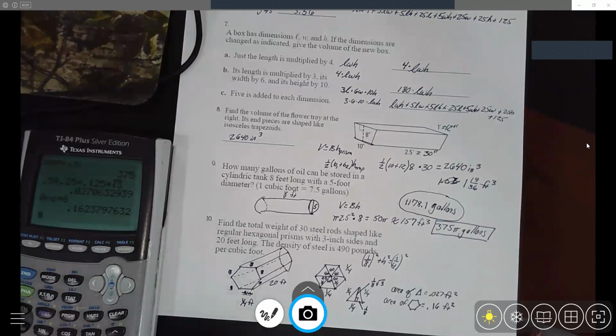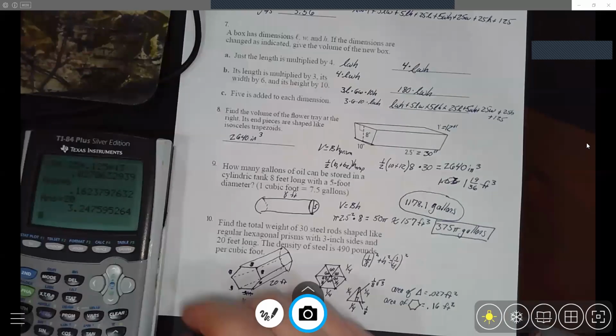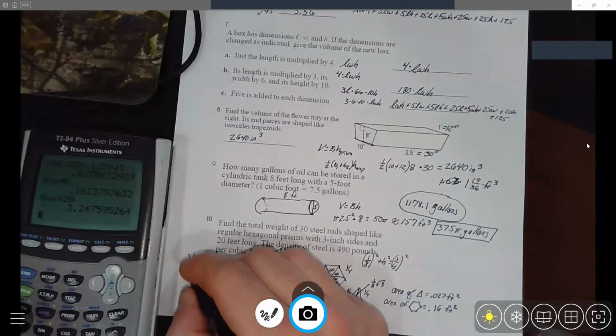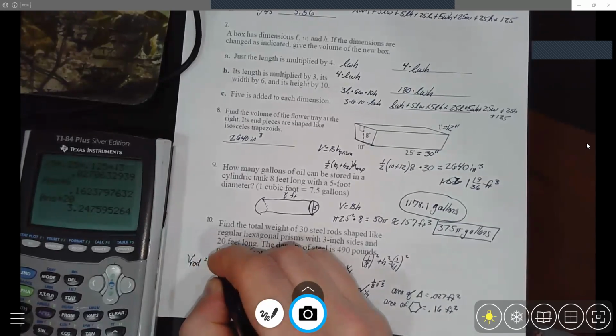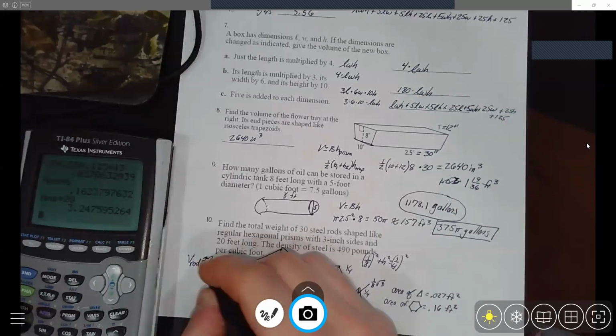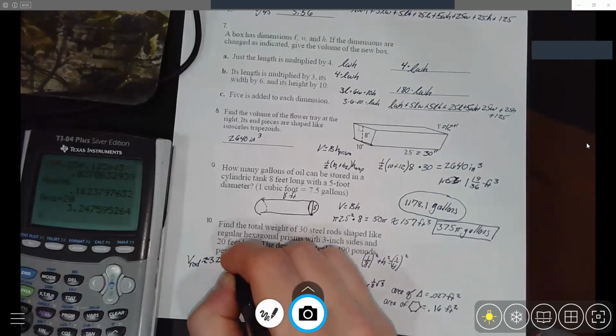All right, so to find the volume of one rod, we need to take the area of the base, which we just found, and multiply it by the height, which is 20. And so we end up with the volume of one rod being 3.25, this is approximate, cubic feet.